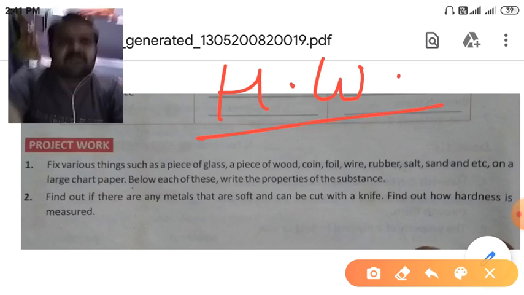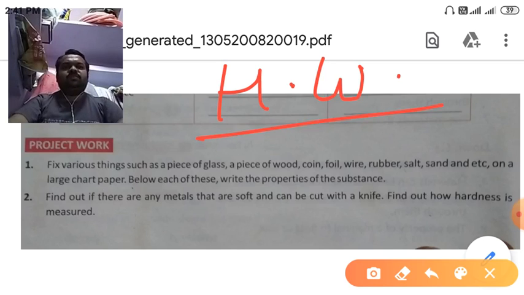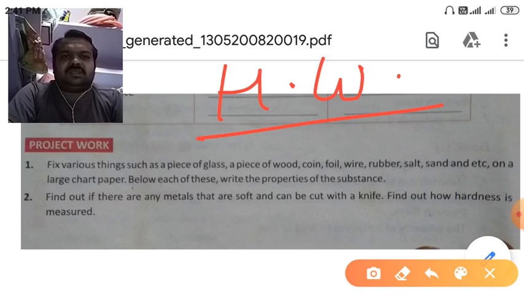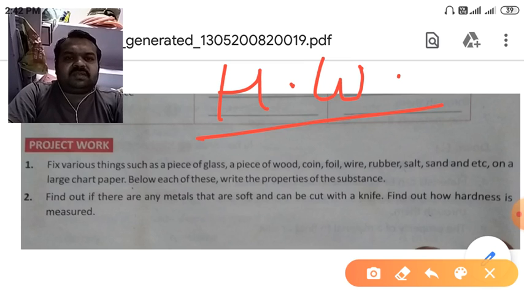Fix various things such as a piece of glass, a piece of wood, coin, foil, wire, rubber, salt, sand, etc. on a large chart paper. Below each of these, write the properties of the substance.